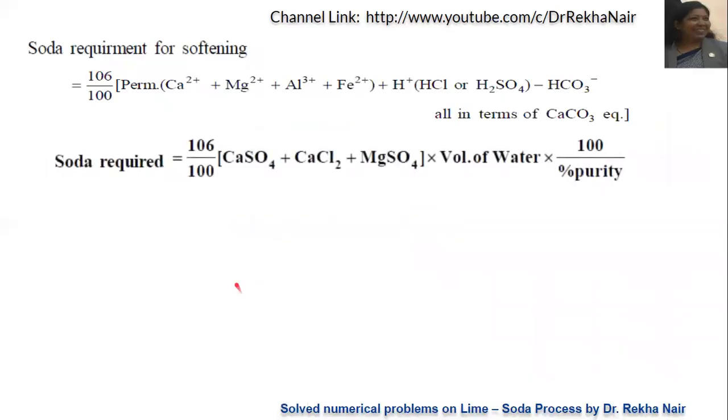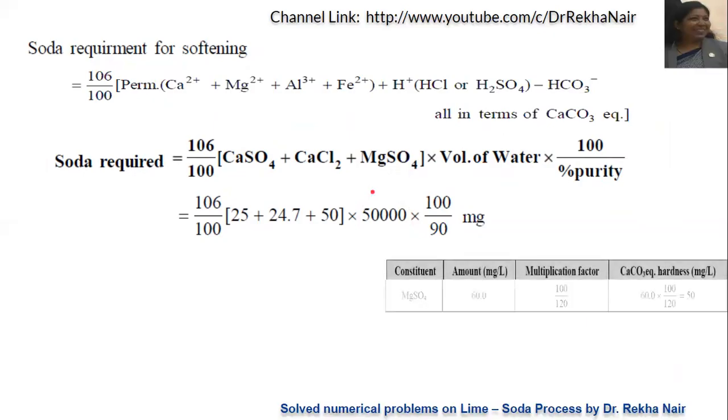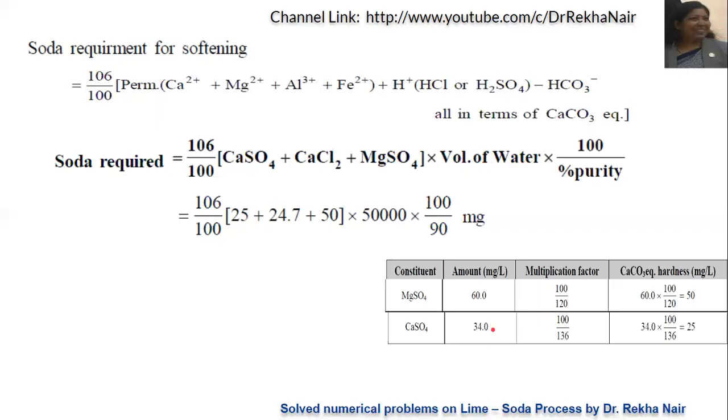Similarly, we can calculate the soda requirement. The permanent calcium is given as calcium sulfate and calcium chloride, and permanent magnesium is given as magnesium sulfate, multiplied by the volume of water, and percentage purity is given as 90%. So 100 upon 90 and the volume of water is 50,000. The constituents given are calcium sulfate, magnesium sulfate and calcium chloride.